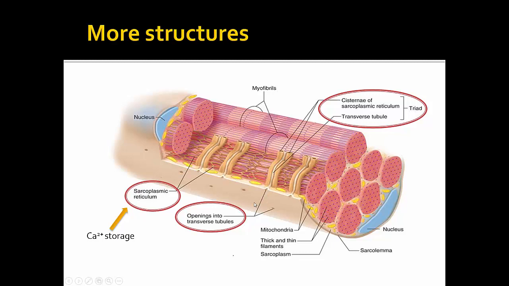That's called signal propagation, sending the signal. The transverse tubules, or T-tubules, send the signal through the myofibrils, and every place that they abut these cisternae in these triad regions, they release calcium from the sarcoplasmic reticulum. So it's the signal going through the T-tubule that makes the sarcoplasmic reticulum release calcium, and that is what actually causes the muscle to contract, which we'll see again in the next lecture.